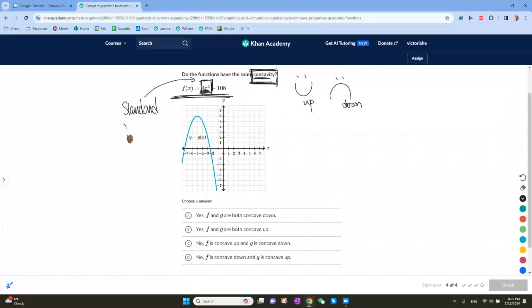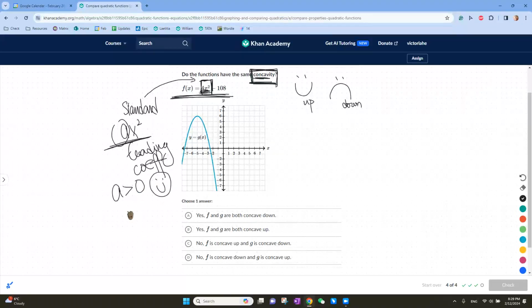And this is going to be our 8x squared, which is our leading coefficient. Leading coefficient that is greater than 0 is going to be a happy face. Leading coefficient that is less than 0 is going to be a sad face. And if it's equal to 0, that's going to be flat.